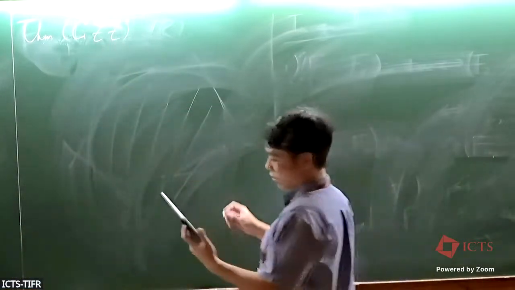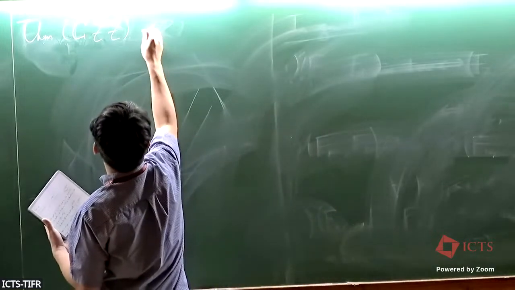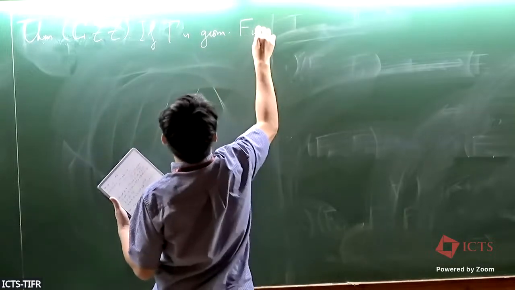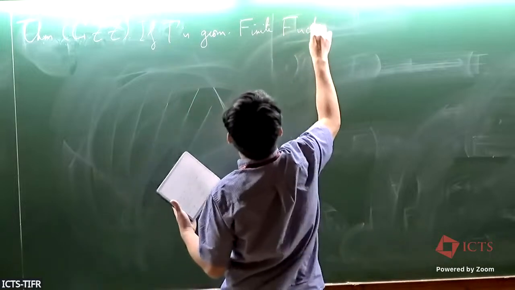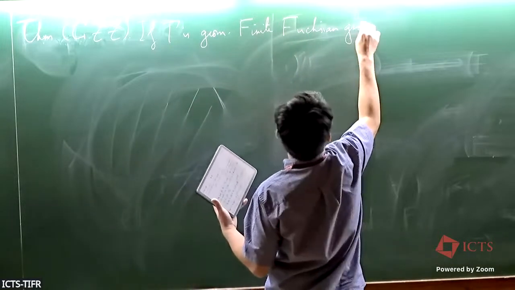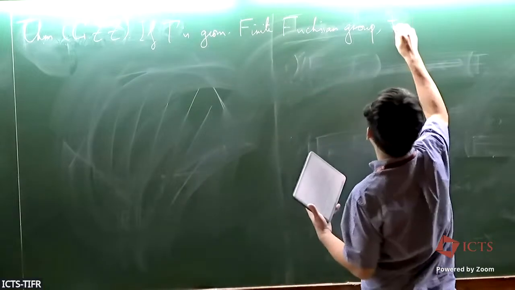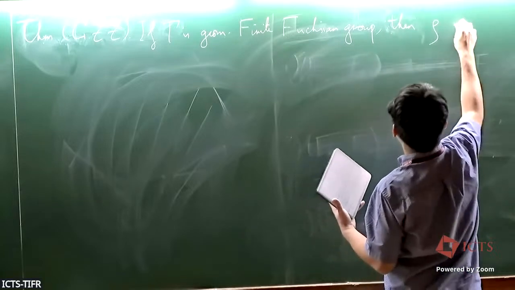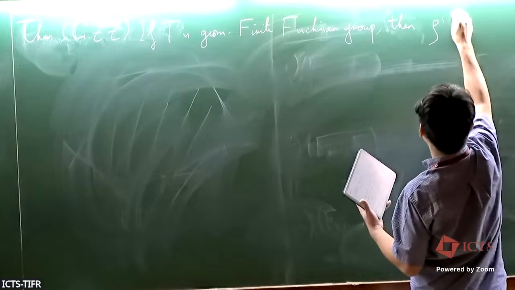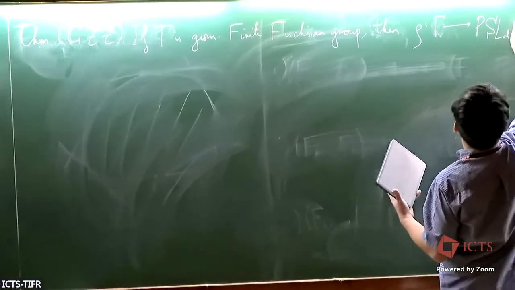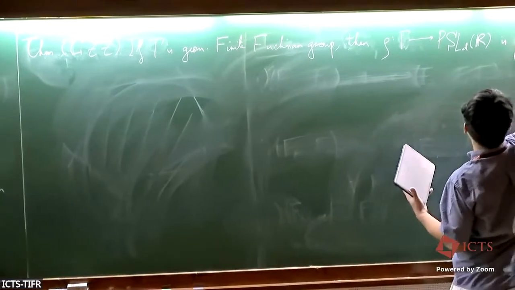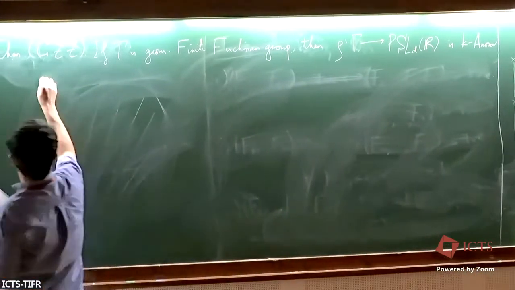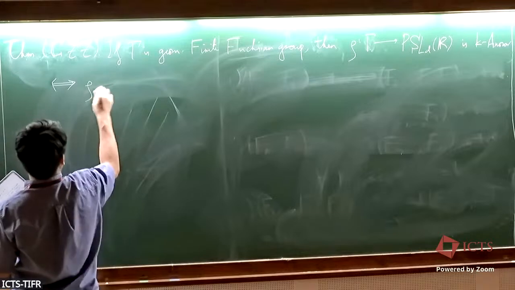We show that if gamma is a geometrically finite function group, then rho from gamma to PSL(d,R) is K-Anosov if and only if rho is K-transverse.